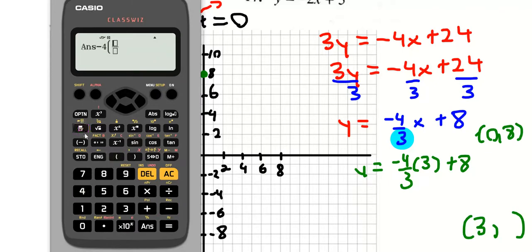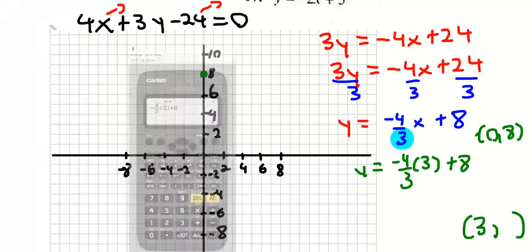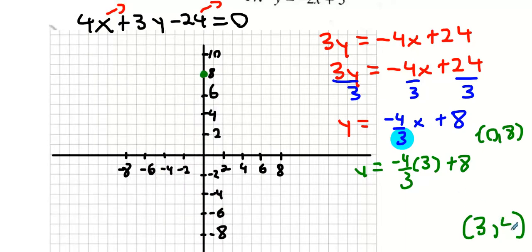I wouldn't be risking it. Here we go. Then plus 8, is it? Is everybody happy with what I typed in the calculator? And we get an answer of 4. So what point does that mean? 3, 4. 3 across and 4 up.